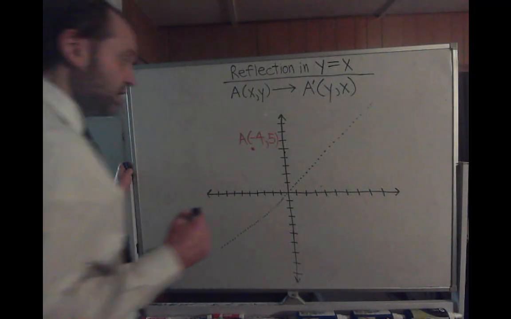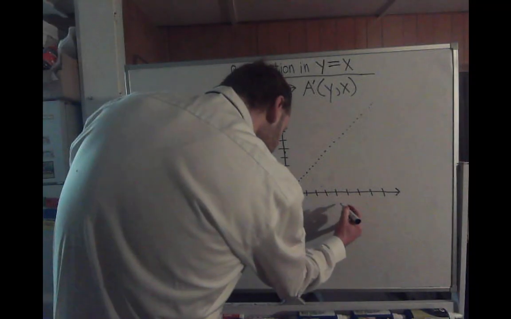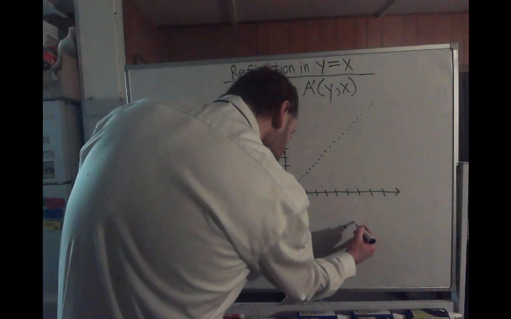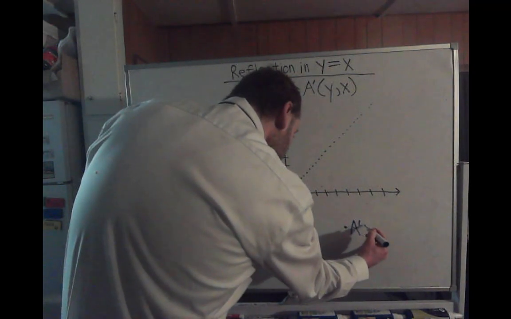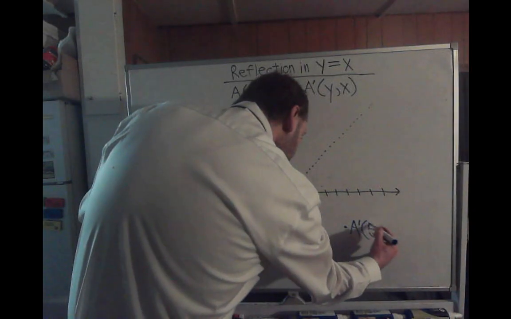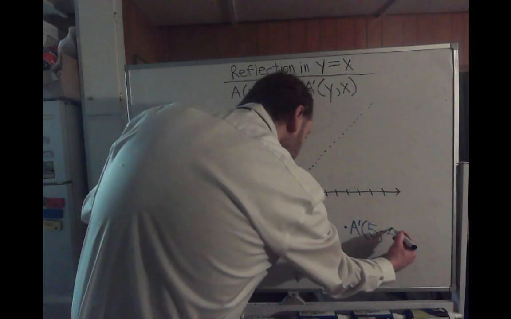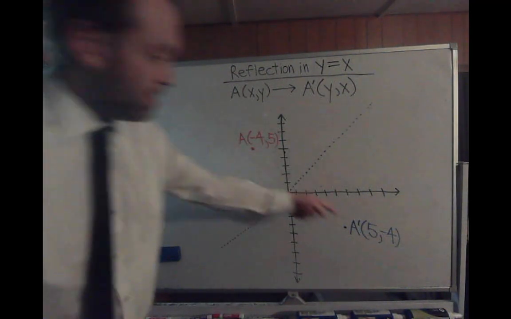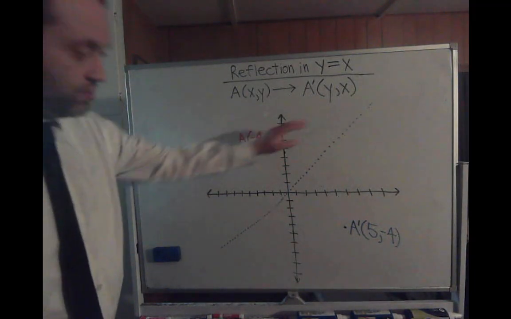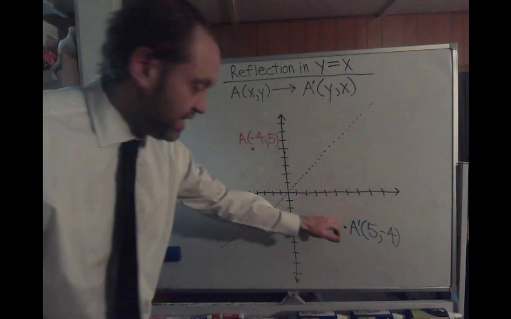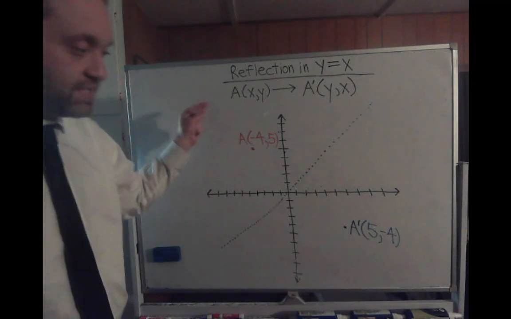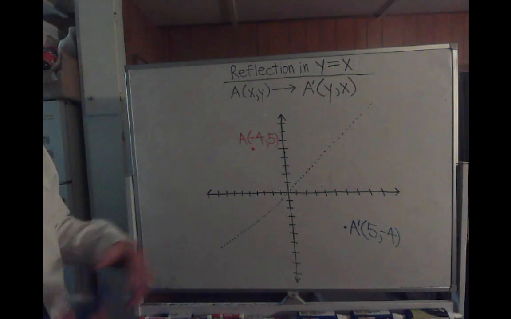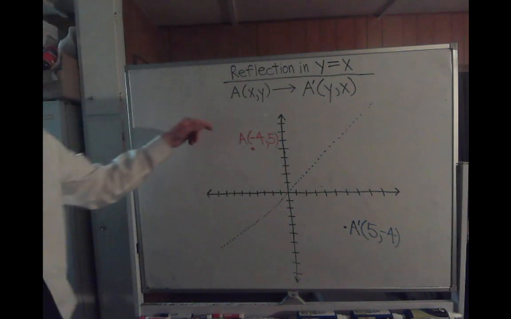To find A prime, you would end up with (5, -4). And you can see how you can use y = x as a mirror. You see how they're diagonal from each other. You should always get a diagonal. If you draw a line, you would get a diagonal line.